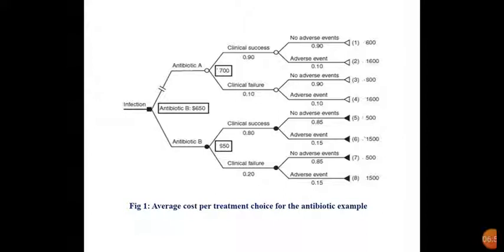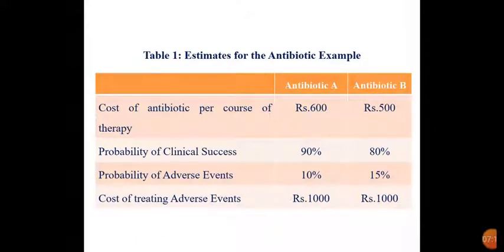So antibiotic B also, we'll be having a clinical success, and there is always possibility of failure also. So clinical success, and we have the two branches, that is no adverse event and adverse event. The probability of clinical success is 80%, and the probability of an adverse event is 15%.